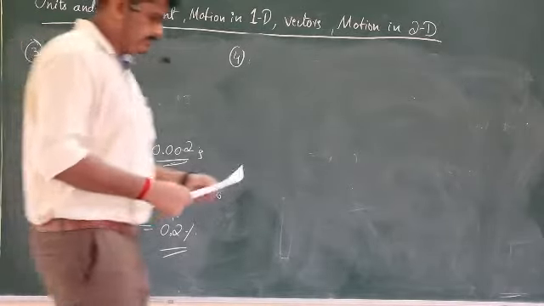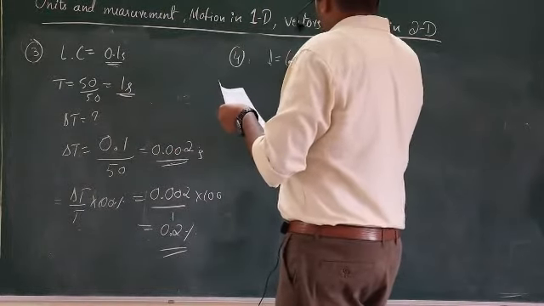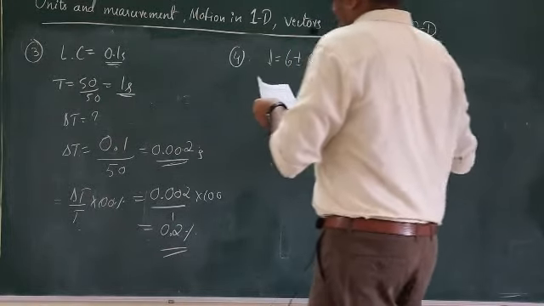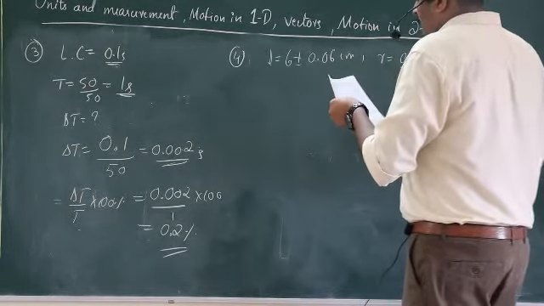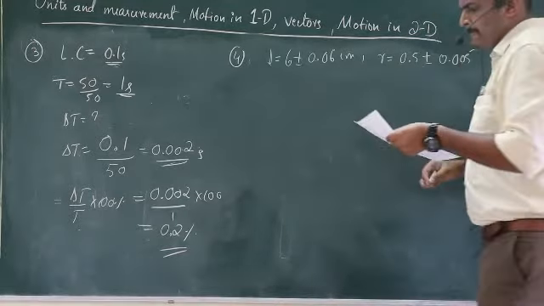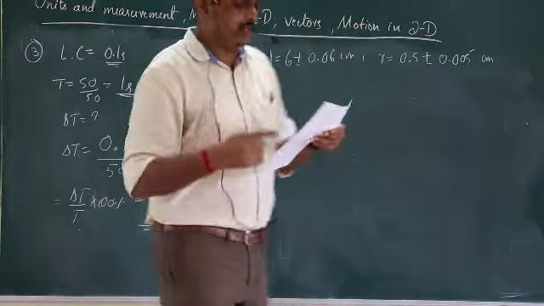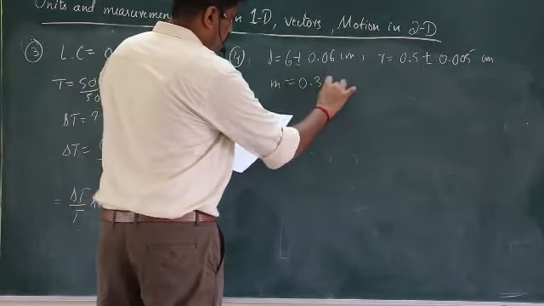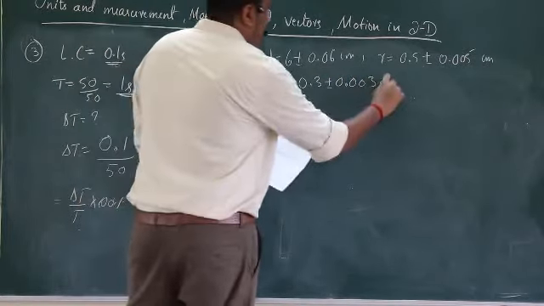Question number 4 says, a wire of length L equal to 6 plus or minus 0.06 centimeter and radius R equal to 0.5 plus or minus 0.005 centimeter has mass m equal to 0.3 plus or minus 0.003 gram.